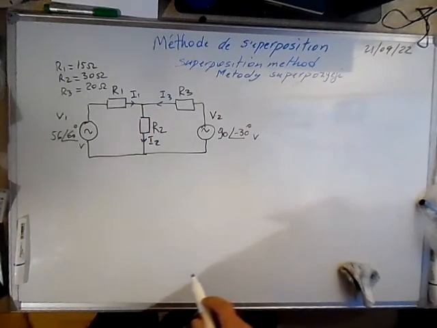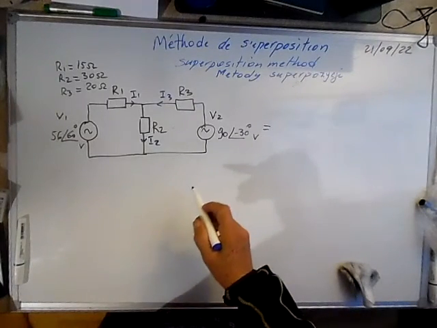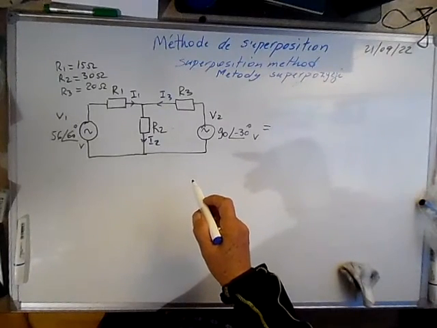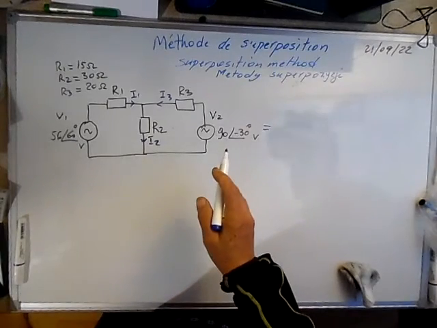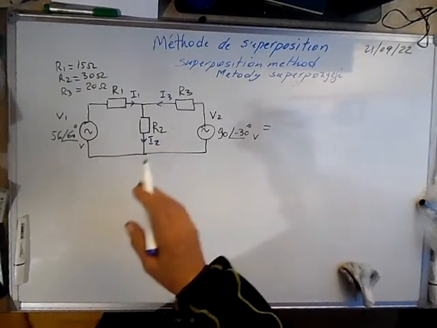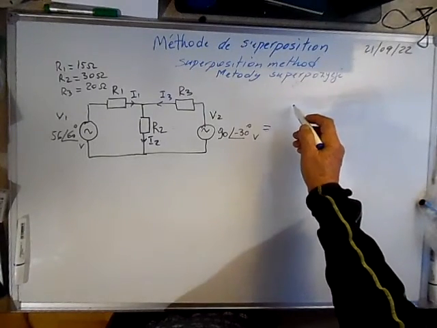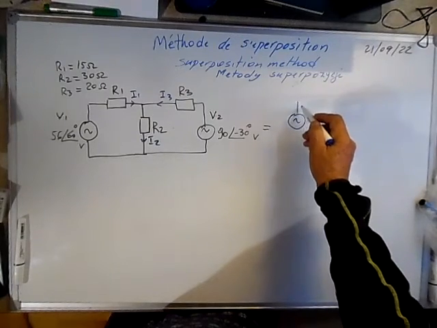We can divide this circuit because there are two sources, so it means we will have two circuits. For the first circuit, we replace one of the sources by a short circuit and use the other source. Let's start with the first one. Here is the first circuit.